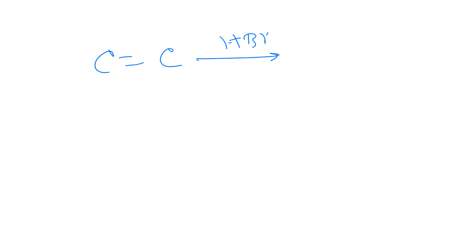It's Markovnikov addition. In Markovnikov addition, H is added to one carbon and Br is added to the other one, and Br in this case is added to the more substituted carbon. So it's a Markovnikov addition. Now, is the addition syn or anti?